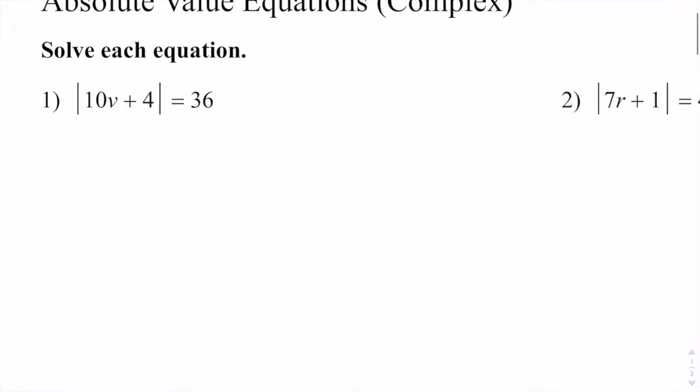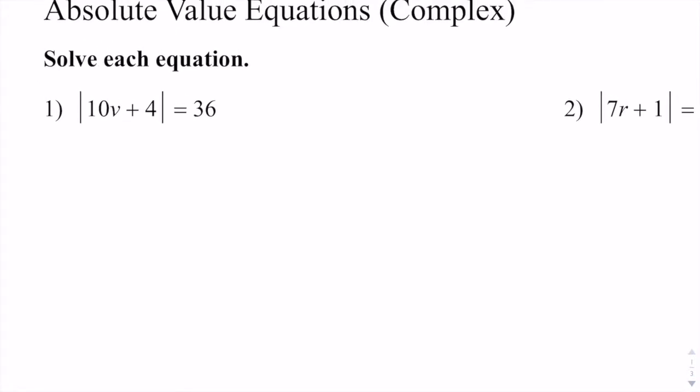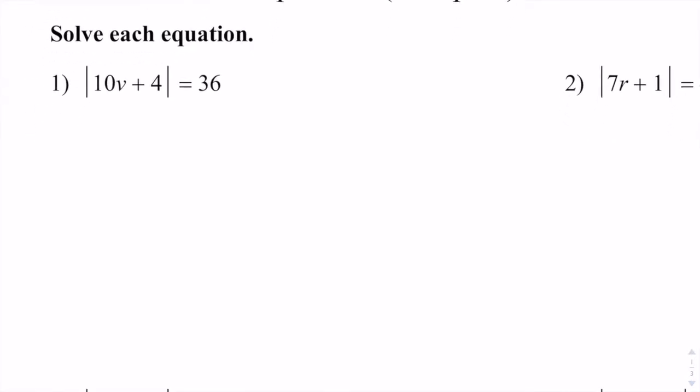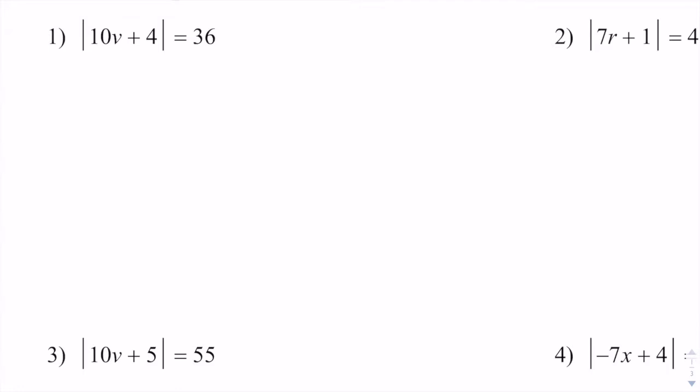Now, on the first example, if you remember in the class, the difference between this one and what we did before is that on these complex absolute value equations, you already simplify the absolute value. So we're looking for a number inside here that can equal 36. Well, the only possibilities are positive 36 or negative 36.